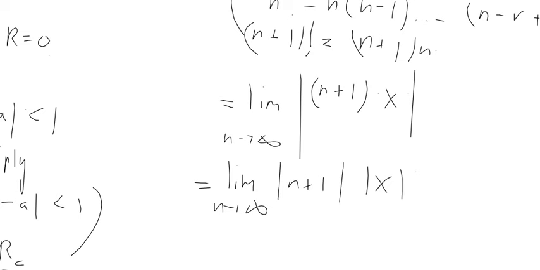First off, there's no need for the absolute value of n plus 1. We already know it's a positive value, because absolute values automatically make your number greater than or equal to 0, and since n is positive, it's non-arbitrary. Here x is arbitrary because we don't know what x is, so I'm keeping the x with the absolute value. So I'll just put parentheses: n plus 1 times the absolute value of x.